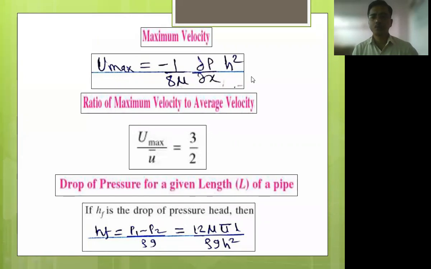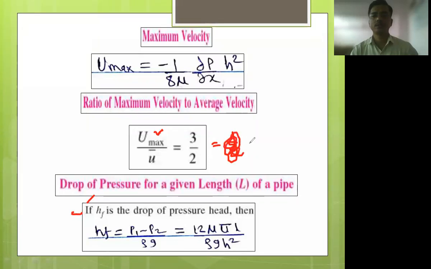In case of pipe flow, what was the formula? Anyone remember? It was 1 by 2. Maximum velocity is twice the average velocity.